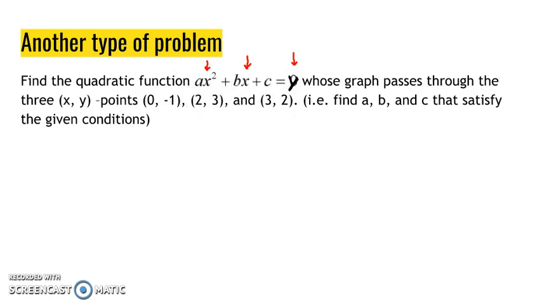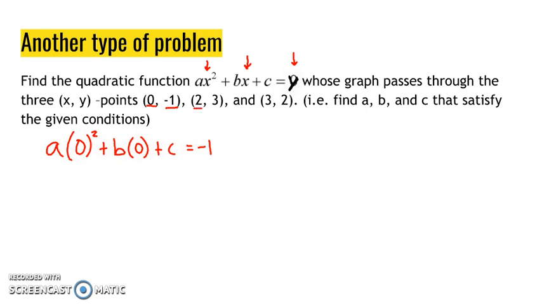For example, the point (0, -1): I'm going to plug in a 0 for my x's and a -1 for my y. That gives me a times 0 squared plus b times 0 plus c equals -1. Then for the point (2, 3), I'm going to do the same thing.